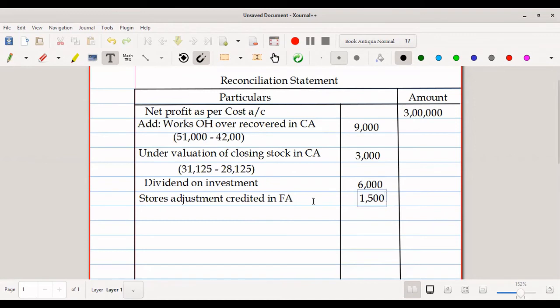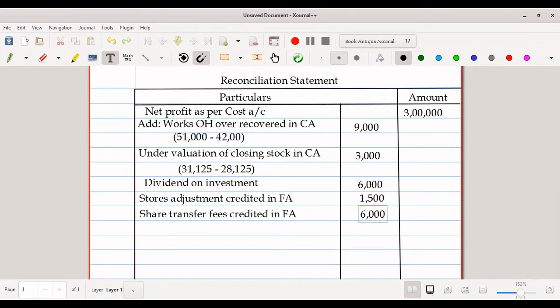The next point is share transfer fees credited in financial account. Amount given is rupees 6,000.